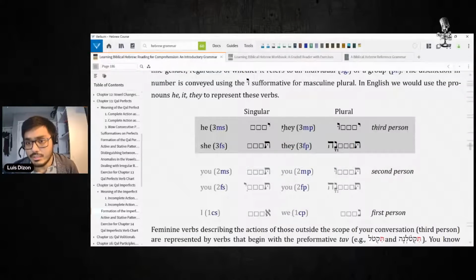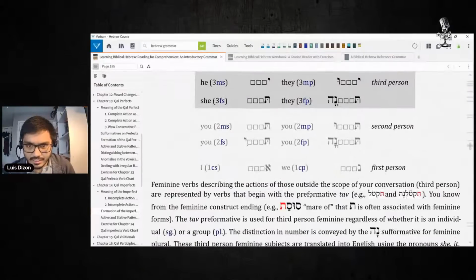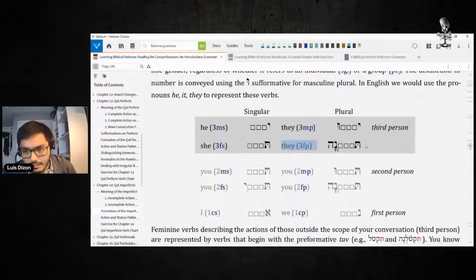If it's a mixed group, they will usually use the third person masculine plural. That's, as far as I know, what every language that makes this distinction does. It's only feminine if it's all female, whereas if it's a mixed group or if it's all male, it's masculine.